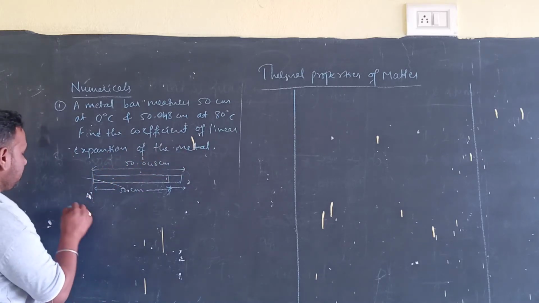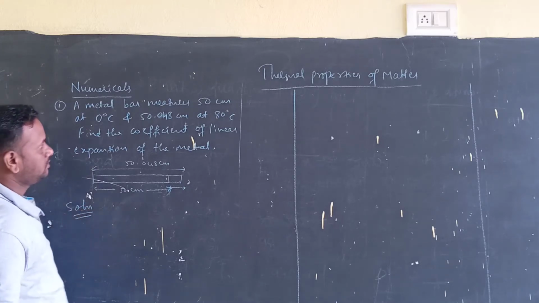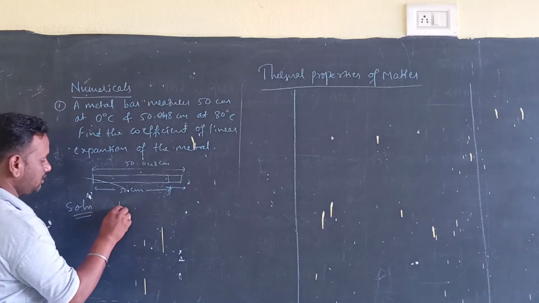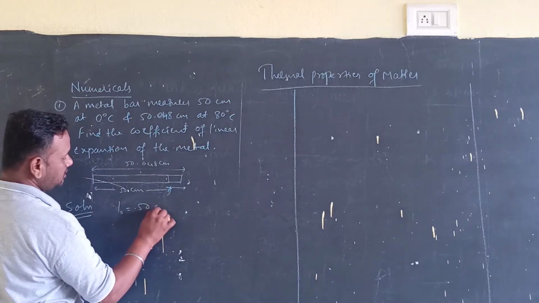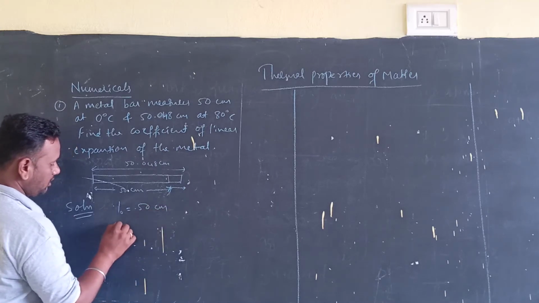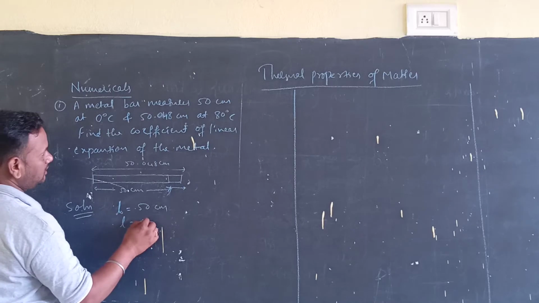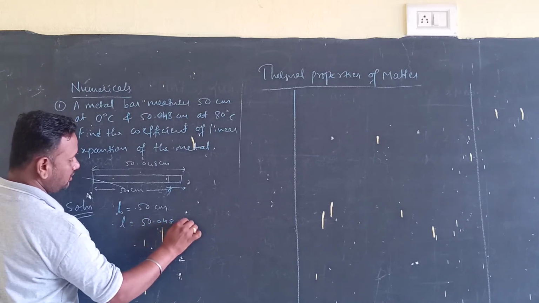Now, as you know, first of all, you write the initial length, that is L0 is equal to 50 centimeter, and L, the total length, is 50.048 centimeter.